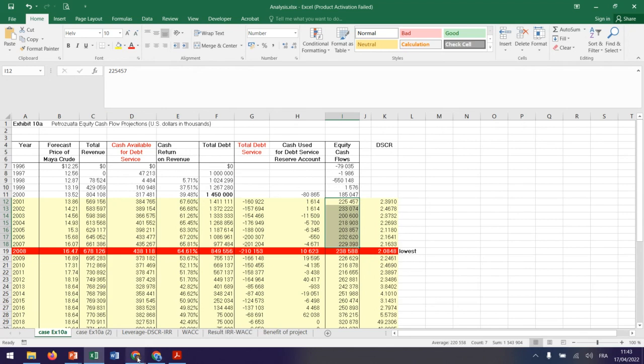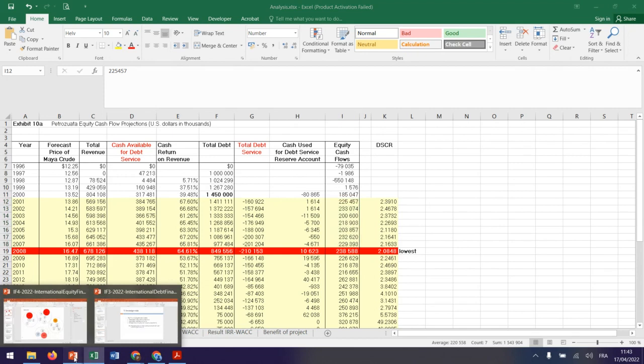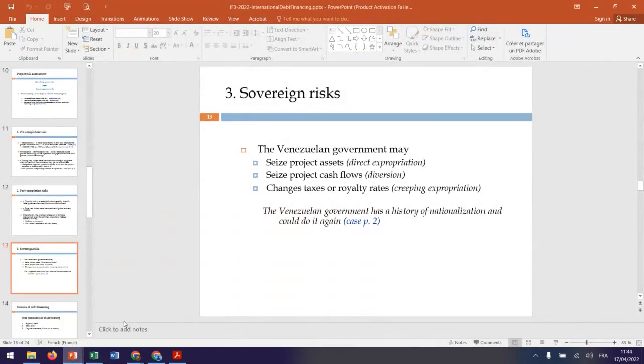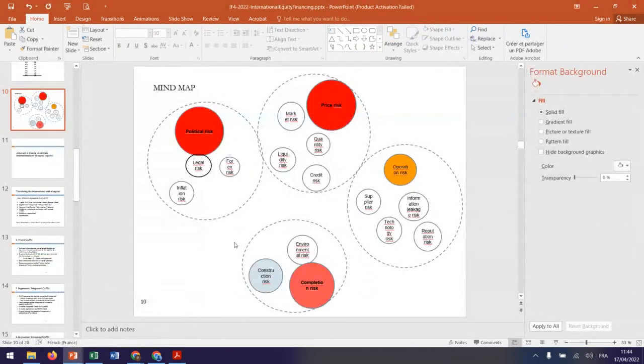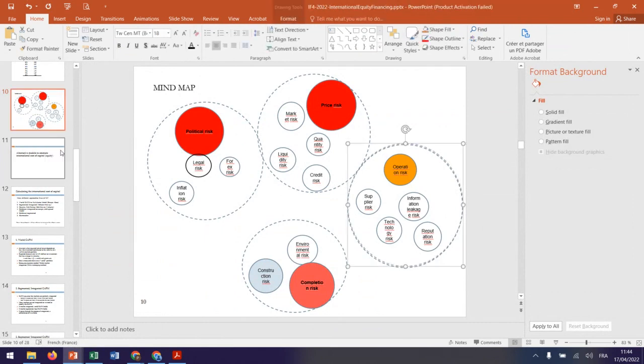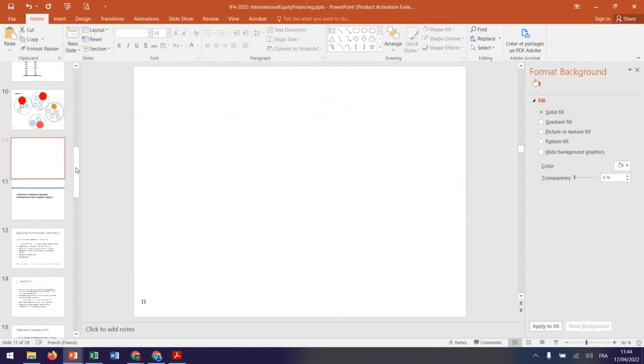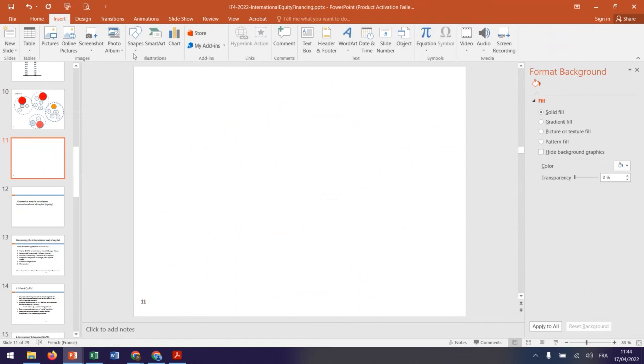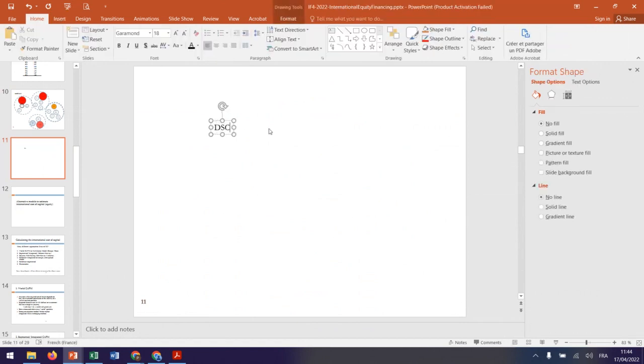All these are the issues that you can address in your simulation, making several types of simulation. What you want to ensure is how to improve your lowest DSCR, not the average DSCR, from the view of the bondholder or debt holder.